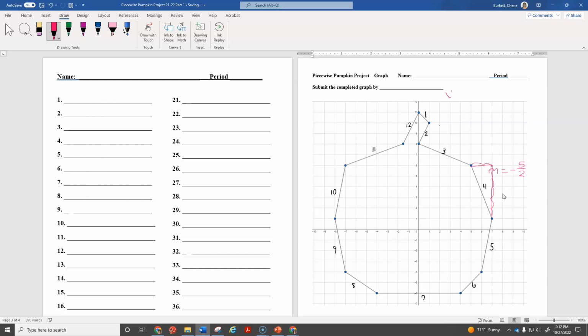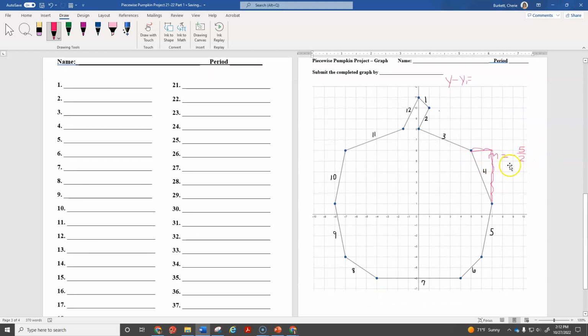The other thing that I need, and I'll write the formula down right here. You might have enough room to write your slope on this paper, but it's probably going to be better to do all your work on another piece of paper and then just record your final answers over here, just because you're going to have more things here in the middle when you draw your face.